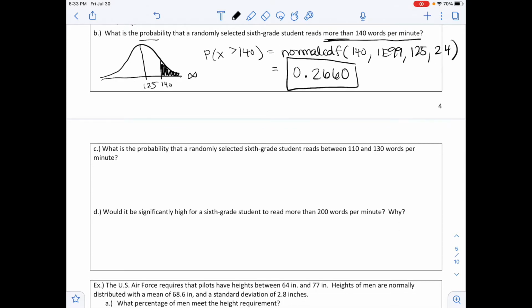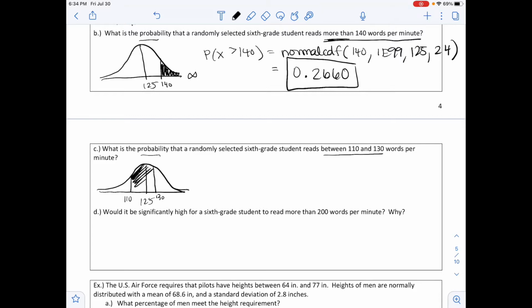The problem continues on, and part C says, what is the probability that a randomly selected 6th grade student reads between 120 and 130 words per minute? Again, sketching this out, I'm going to draw my normal curve, put my mean of 125 in the middle, and it says between 110 and 130. So squeeze it in the best that you can.